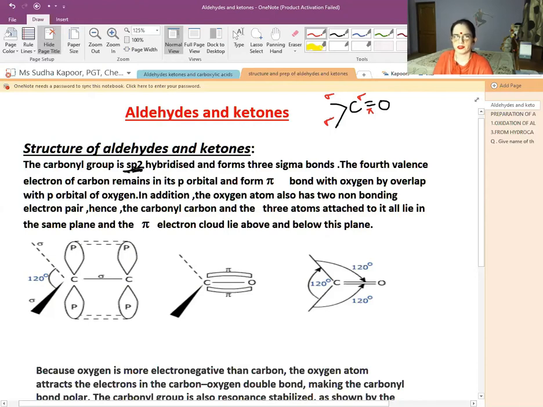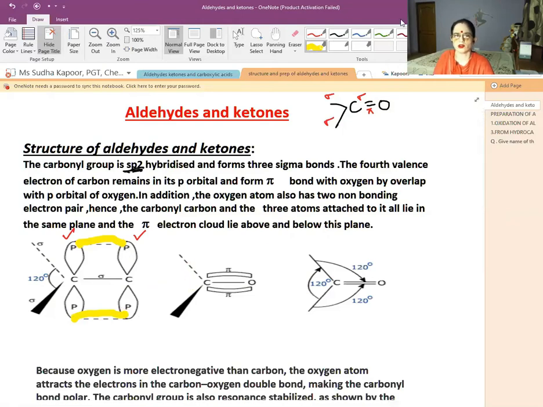The fourth valence electron of the carbon remains in its p orbital and forms a pi bond with oxygen by overlap with the p orbital of oxygen. You can see that a pi bond is formed between the carbon and the oxygen orbital.